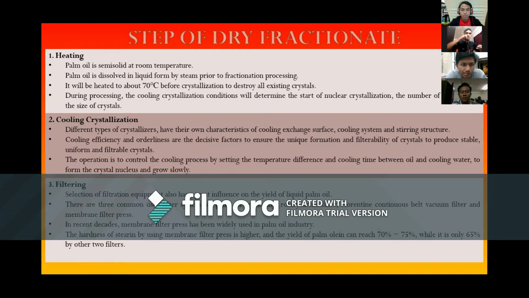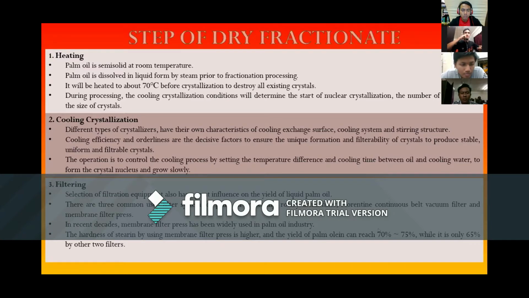Cooling efficiency and other factors are decisive to ensure the uniform formation of crystals that are stable, uniform, and filterable. The operation is to control the cooling process by setting the temperature difference and cooling time between oil and cooling water to form crystal seeds and grow them slowly.